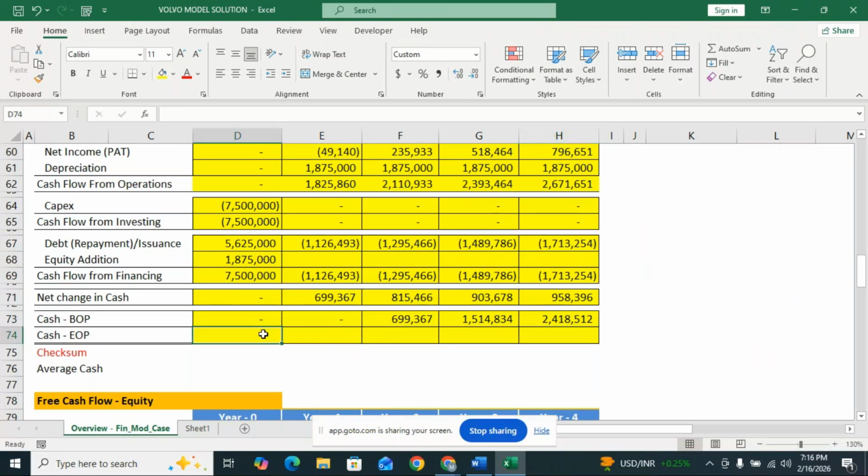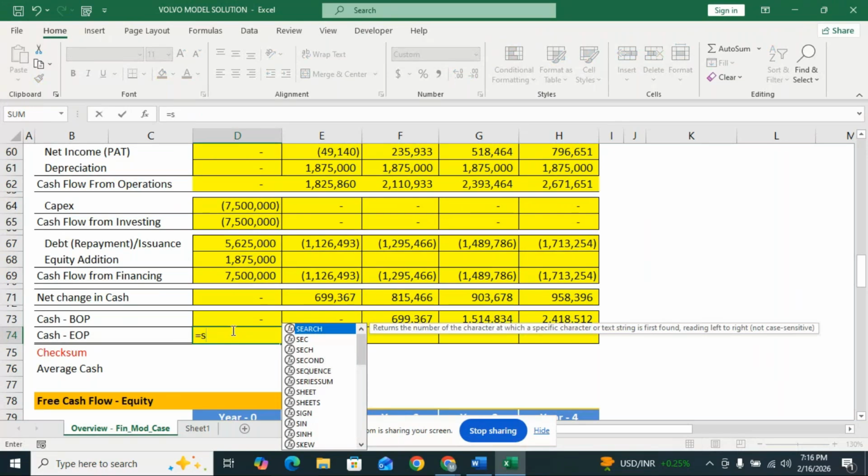And finally the end of the period equals to sum again.